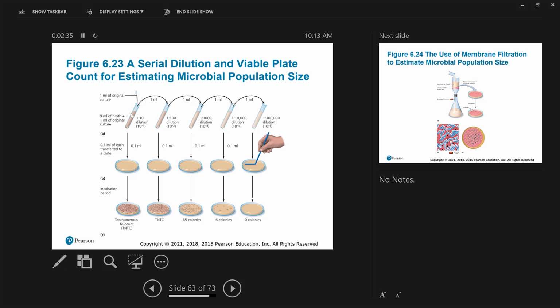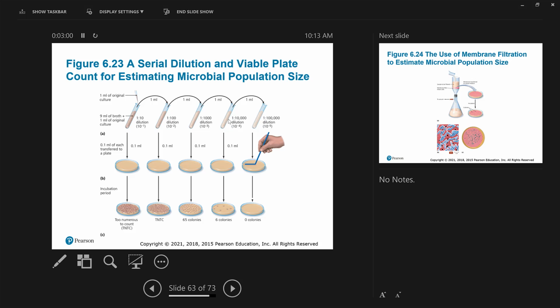So what do you do? You dilute your sample several times. Each time it's diluted by 1/10. And then for some of those dilutions, you take a small sample and plate it onto agar plates and allow those plates to incubate.